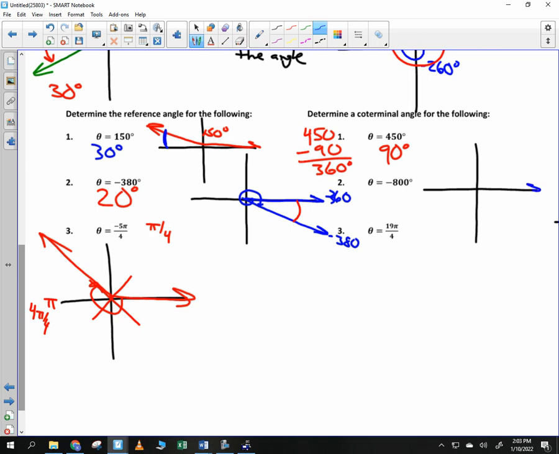So this would be once around the circle. That's negative 360. Then it'll be negative 720. And how much further do I go? 80 more. Okay. So if you went 80 more, what's this angle going to be then? What's it coterminal with? So that's 270, right?